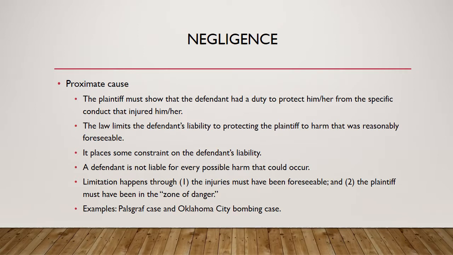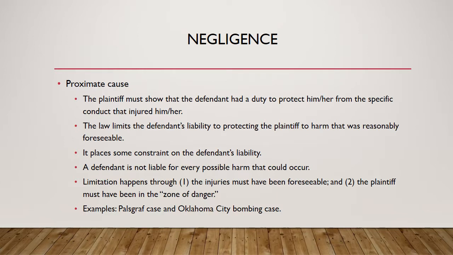So you can think of it as placing a circle around the possible liability and saying if it's in this circle, then it's something that the defendant can be liable for, because in the circle is conduct that's reasonably foreseeable. But anything that happens outside of that circle is not reasonably foreseeable. It's unforeseeable, and therefore it's not something that the defendant would be liable for.